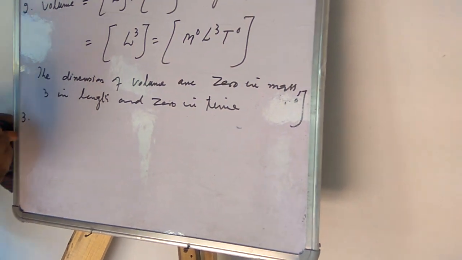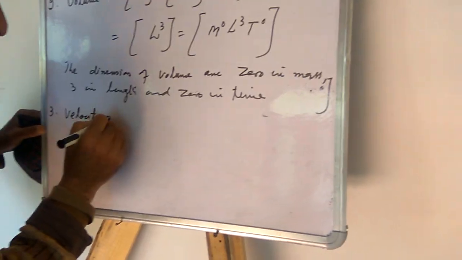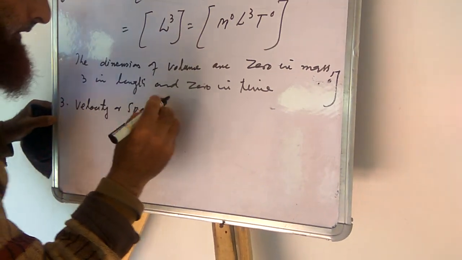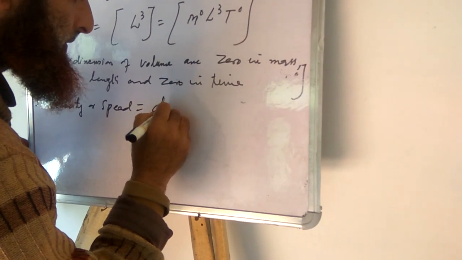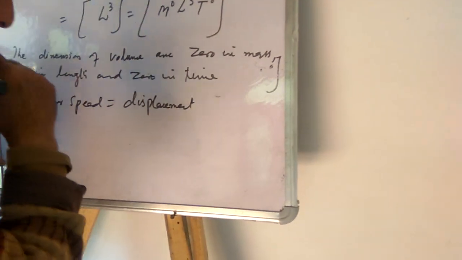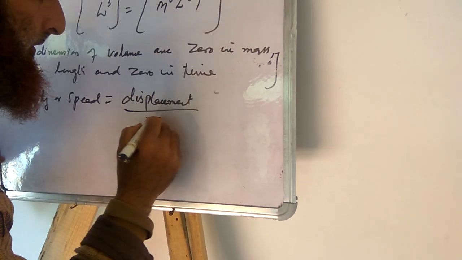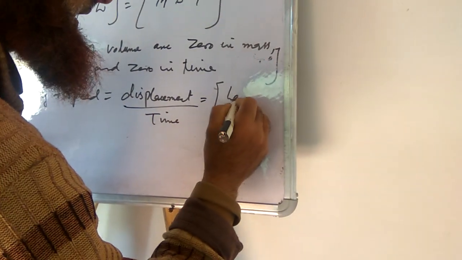Now we will write third, velocity or speed. It is displacement divided by time. What is displacement? It is length.